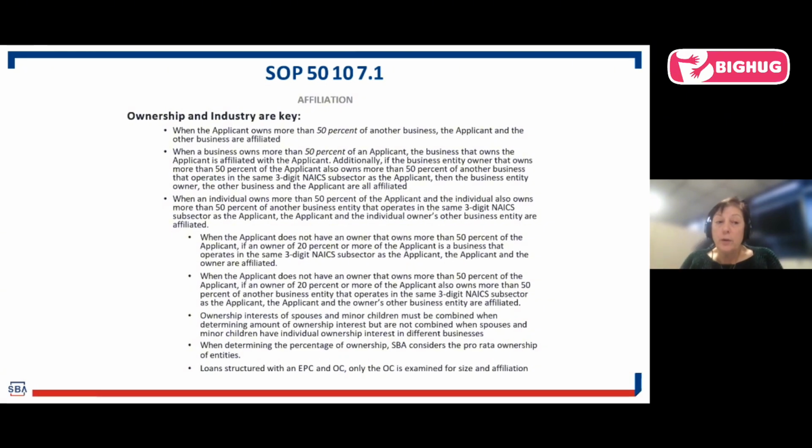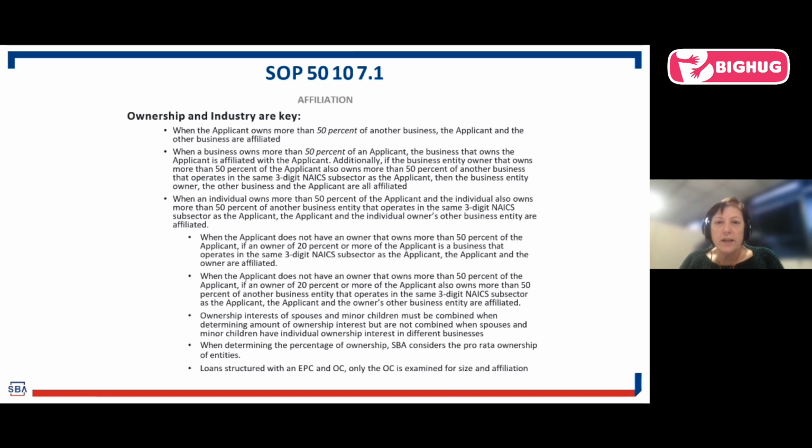So what happens if you have more than one company and you are the majority owner and you have another business that's in the same industry, same 3-digit NAICS code? Then the lender is going to ask for the financial information for that related entity, okay?